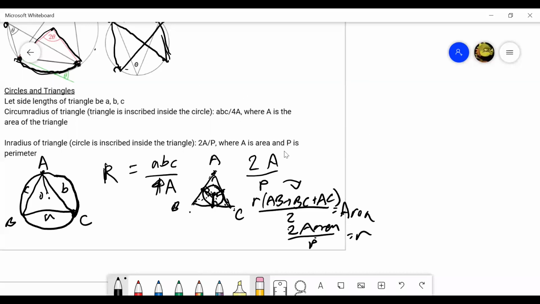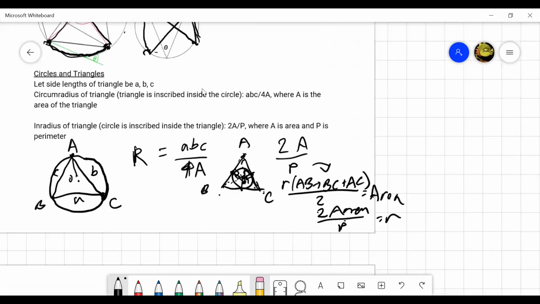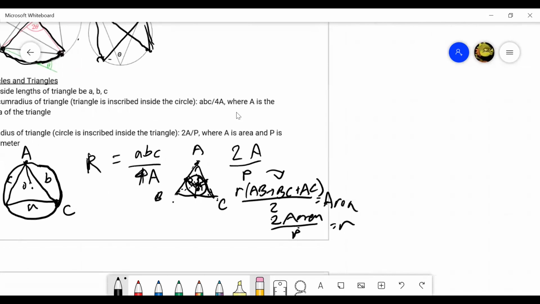There is also a special case for this kind of inradius, and it's for a right triangle. Okay, so for a right triangle, the inradius, let's draw it.